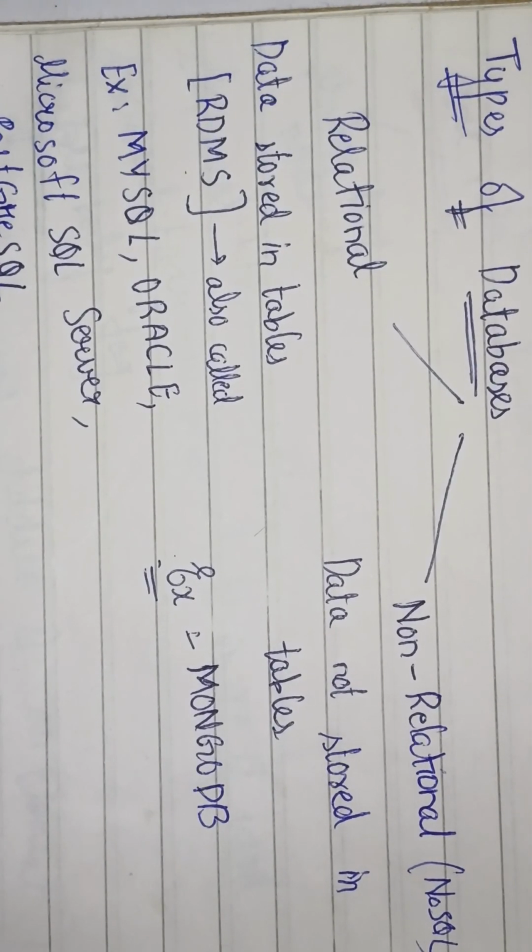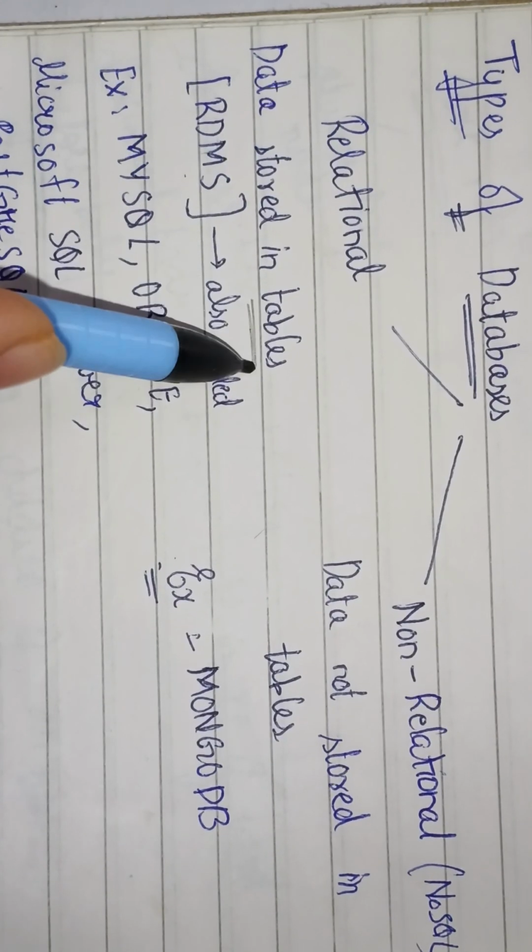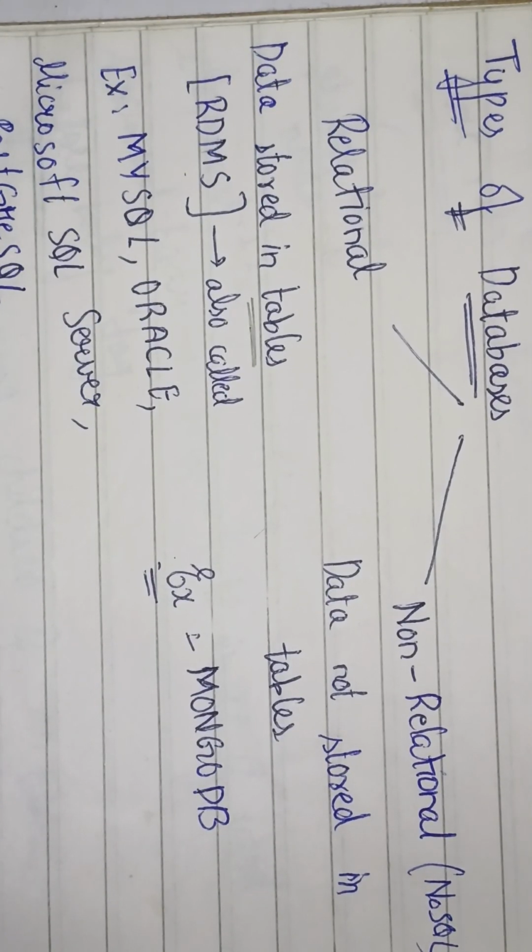So, types of databases. We have two types of databases, relational and non relational. What is relational? Data that is stored in tables is called relational. In tables we will have relation between each column. So the data that is stored in tabular format is your relational database, and data that is not stored in form of tables is your non relational database.